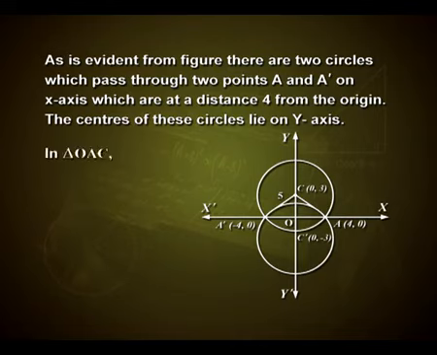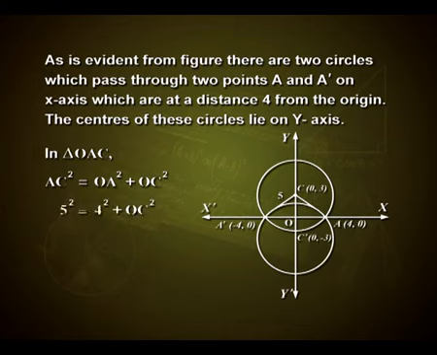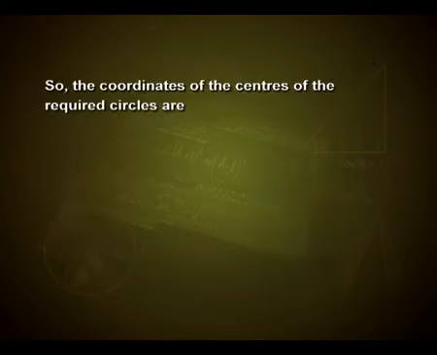In triangle OAC, AC square is equal to OA square plus OC square, that is 5 square is equal to 4 square plus OC square, which can be simplified as OC is equal to 3. So, the coordinates of the centers of the required circles are C (0, 3) and C dash (0, minus 3).